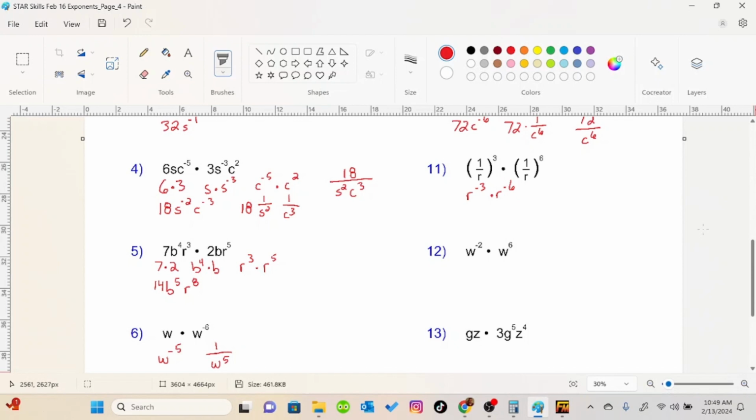Negative 3 minus 6 is r to the minus 9. The minus means 1 over, so we have 1 over r to the 9th.